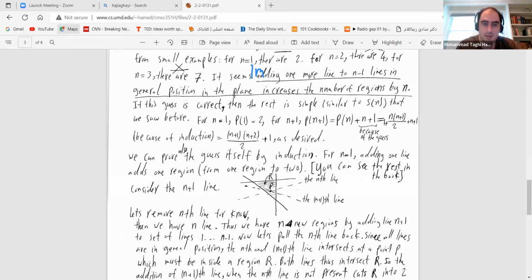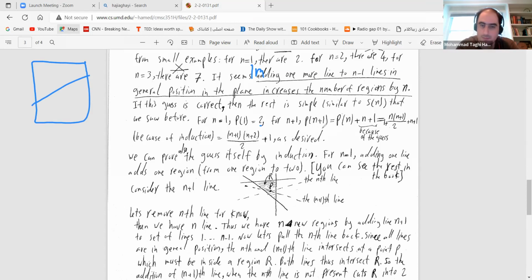So if we want to say that this guess, this lemma, is correct, we do the following. For n equal to 1, we are done essentially. We know that the number of regions, P of 1, is equal to 2. That's the example that we have just drawn. Now, what would be P of n plus 1? The number of regions of P of n plus 1.